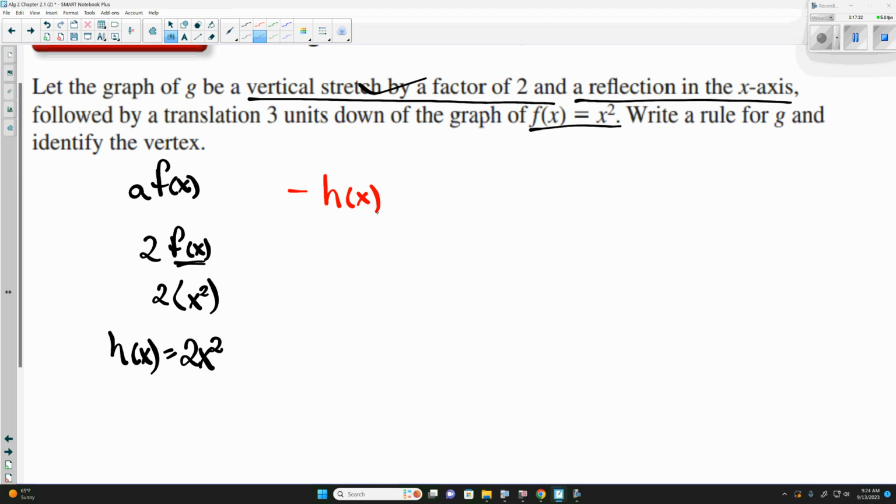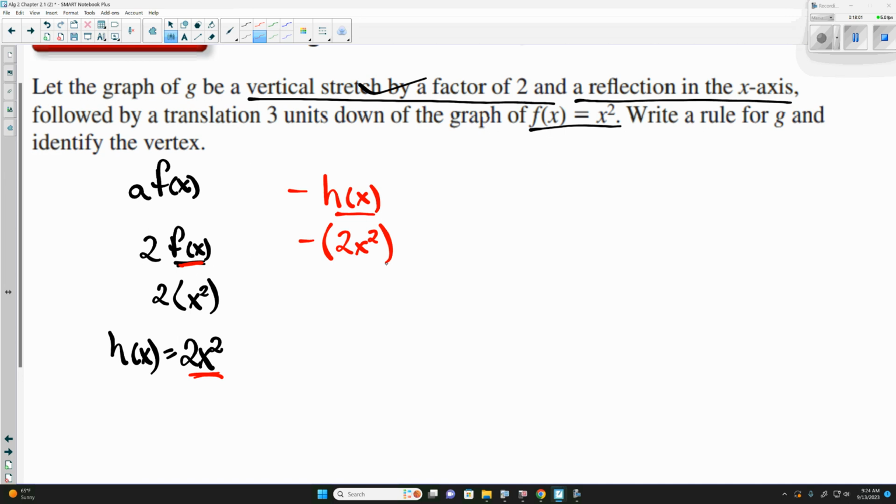And just like the first one, we didn't do anything to the x inside the parentheses. It's still h of x. Which means just like the previous one, we can replace h of x with 2x squared. Questions on this here? Questions on any of this here so far?